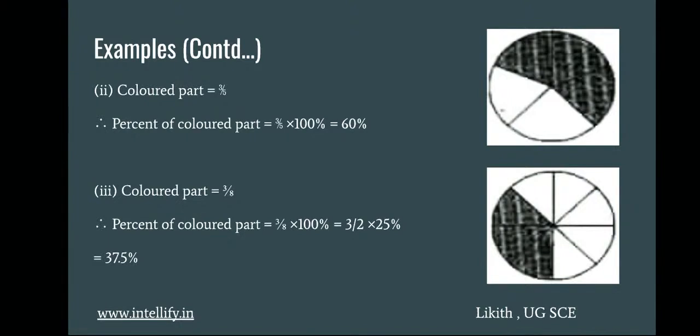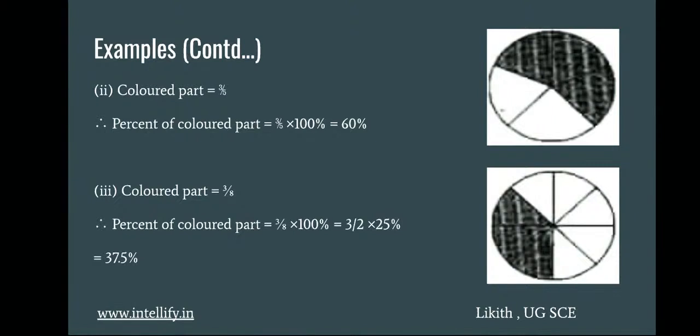And the third question: here the circle has been divided into 8 equal parts, and 3 parts have been shaded. So it's nothing but 3 divided by 8. Here I have multiplied 3 by 8 into 100.